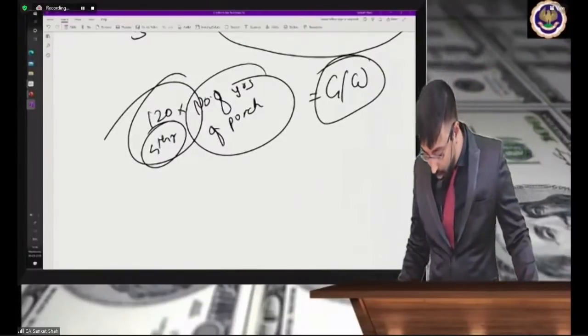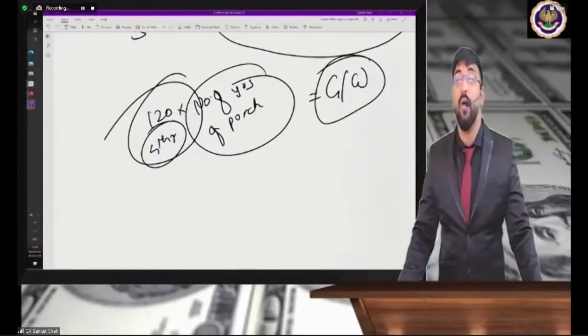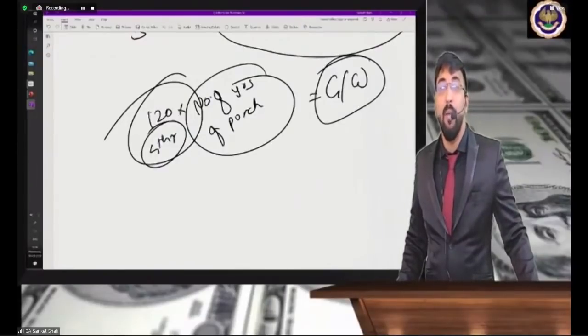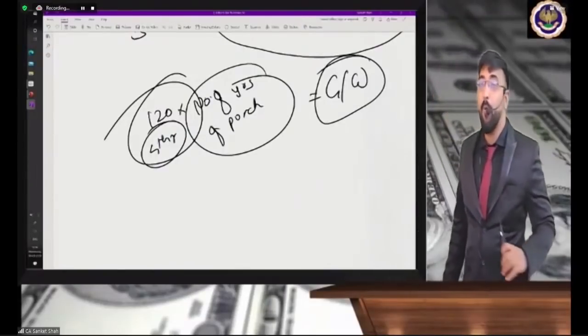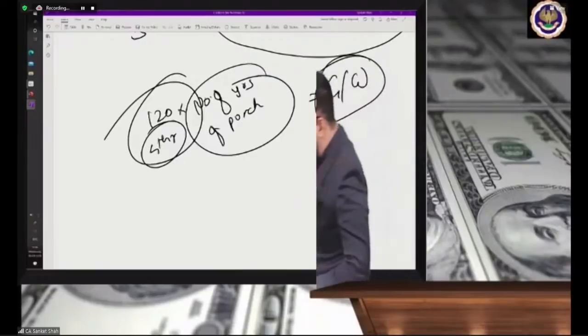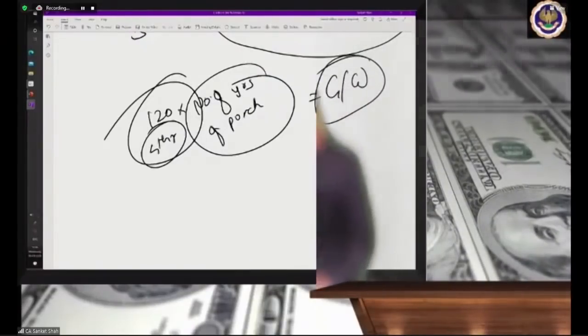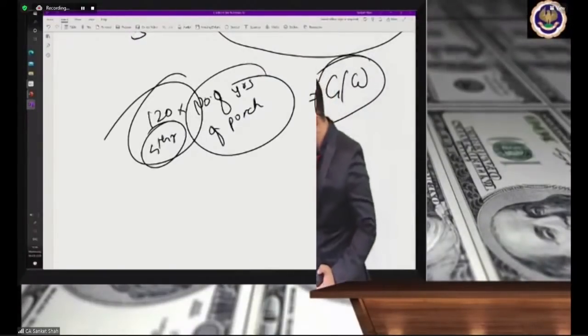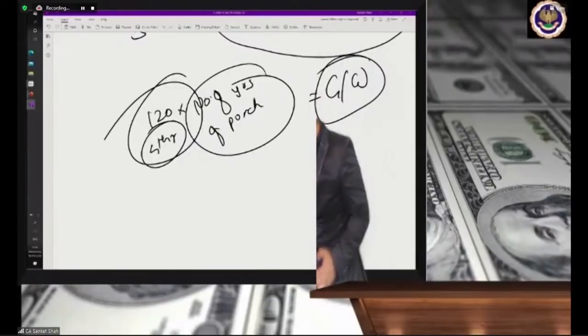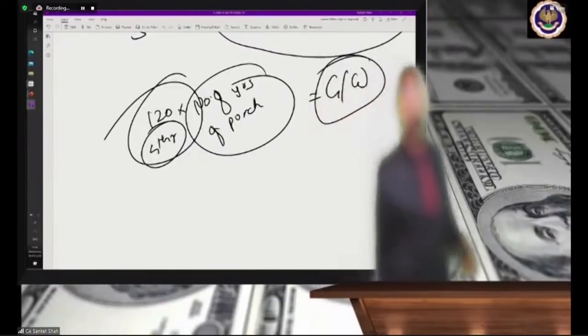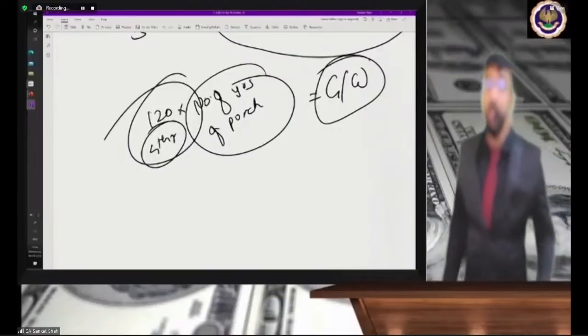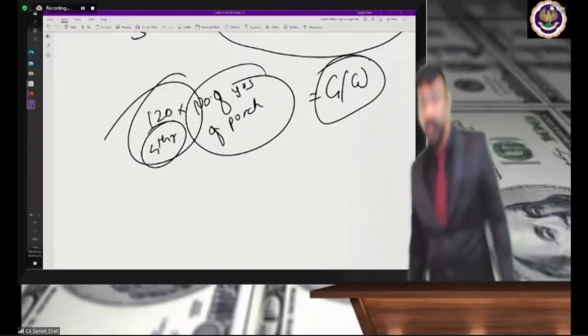Everyone of you got this logic? Very good. So in the average profit method, you will multiply it by the number of years of purchase to know the goodwill calculation. Number of years of purchase multiplied by 120 is called the goodwill calculation.